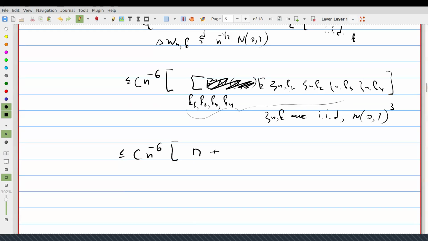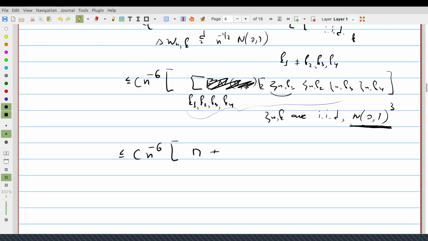If there is at least a situation such that k1 is not equal to k2, k3, or k4, this is just 0 because the third moment, not absolute moment, the third moment of a Gaussian symmetrical distribution is 0, so it just disappears.